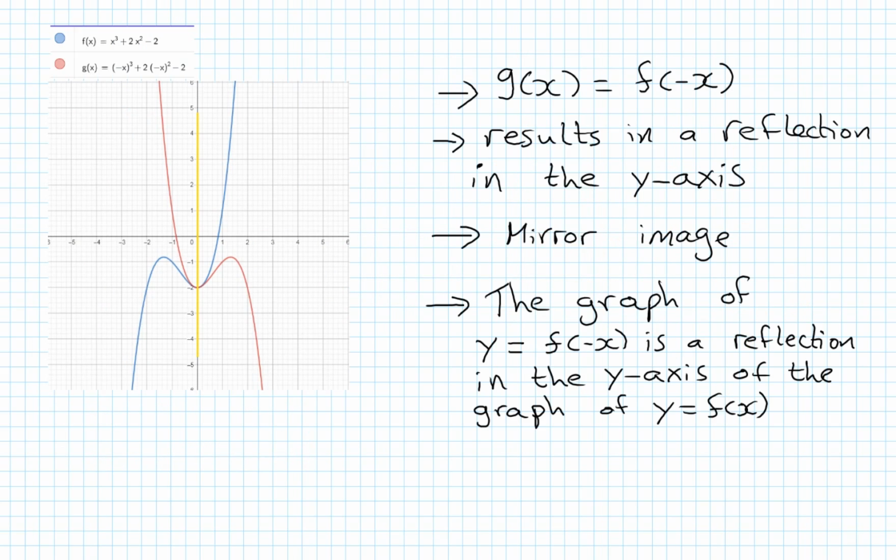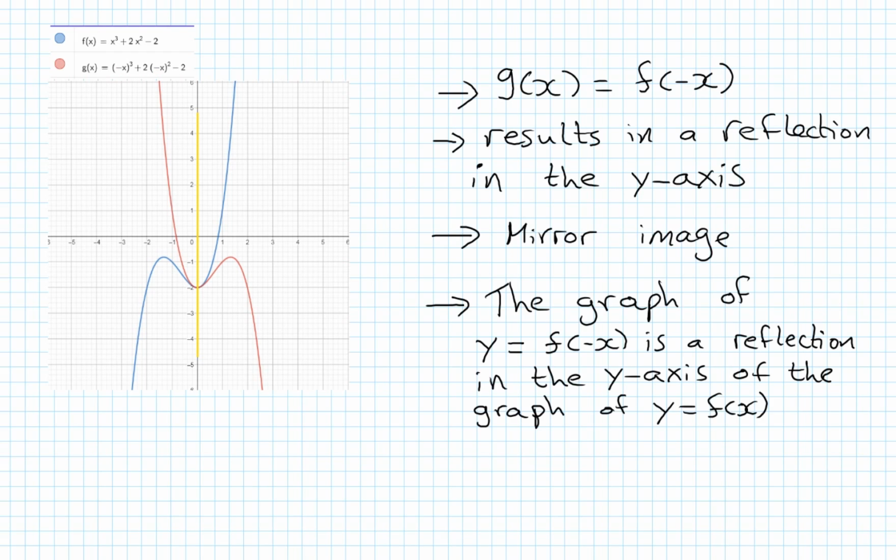But in this case, instead of having x plus a, we're just doing negative x. When we do that, as opposed to a reflection in the x-axis, we see a reflection in the y-axis. That's shown by the yellow line going down here. So we can see that g of x is just f of x with a negative in front of the x.